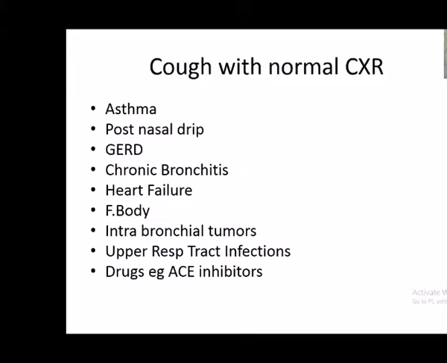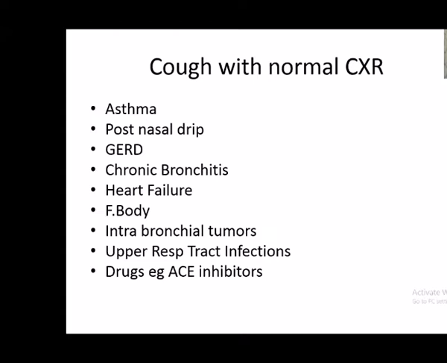The other way of differentiating, besides whether it is acute, chronic, or subacute, or whether it's nocturnal or not, is whether you do a chest X-ray and see if the chest X-ray is normal or not. With a normal chest X-ray, 80% of the cough is related to the first three causes, that is asthma, postnasal drip, and gastroesophageal reflux.